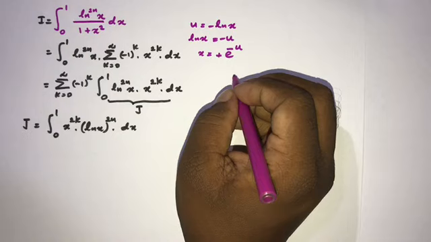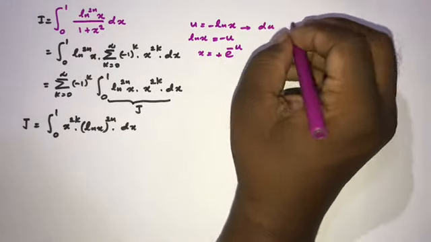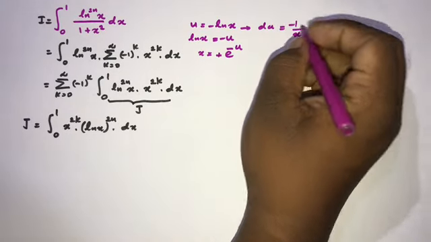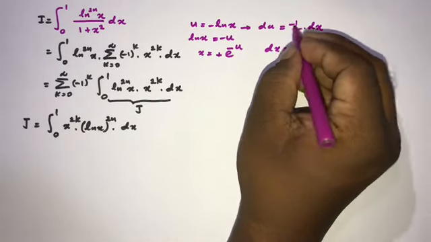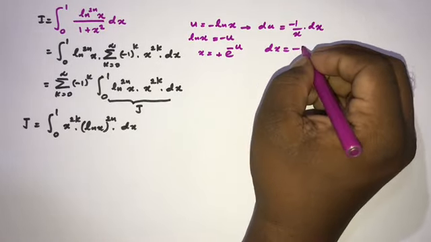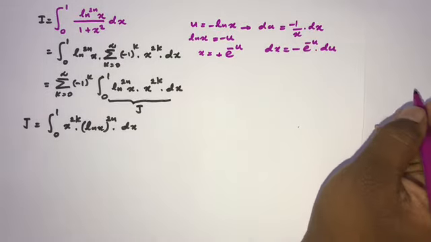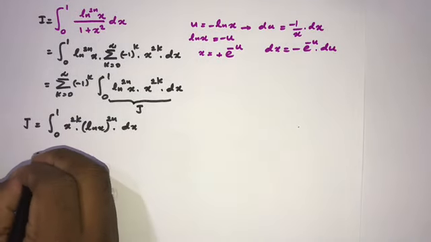Then we can differentiate, so du is equal to minus 1 over x times dx. Then we can isolate dx, which is equal to minus x, that is, minus e to the minus u times du. Now we can plug in here.